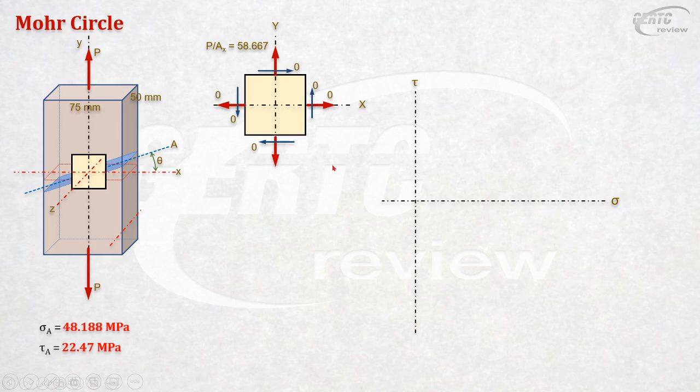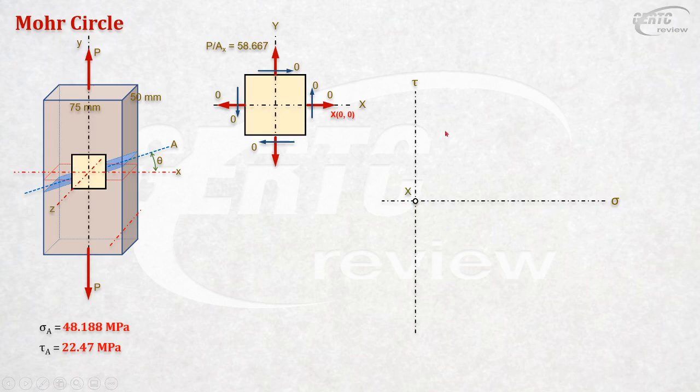So that is your X. The coordinate is 0, 0. The first is the sigma, the second is the tau. So let's plot that. That will be plotted here. So this locates your X. 0 ang sigma, 0 din yung tau. Did you get it?